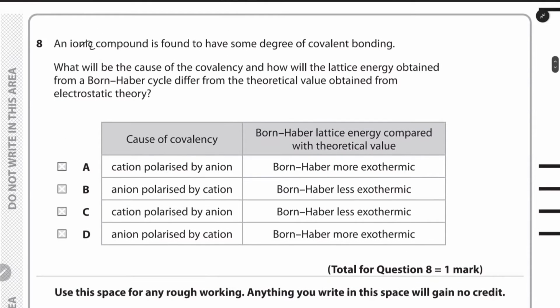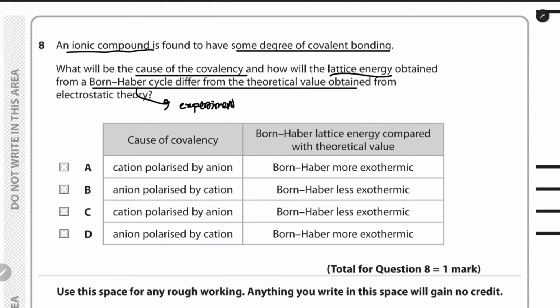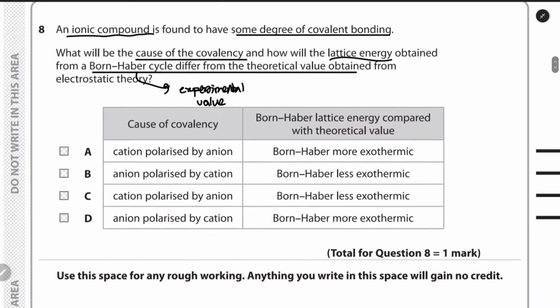We are told that an ionic compound is found to have some degree of covalent bonding. We have to find the cause of the covalency and how the lattice energy obtained will be different from the theoretical value. The Born-Haber cycle is the experimental value. So the experimental value becomes more exothermic than the theoretical value.